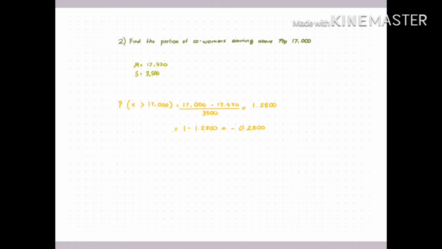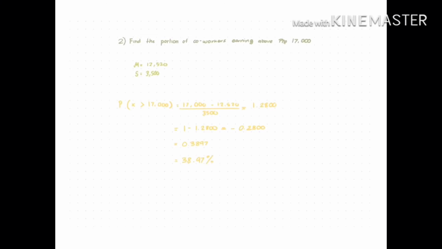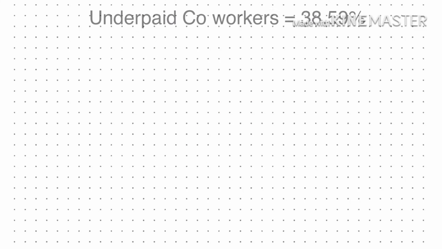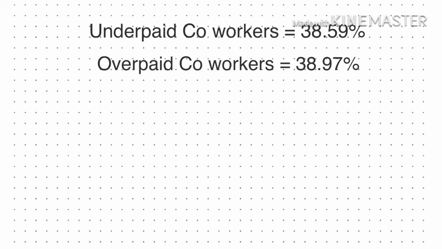Since the answer leans to the right side, we will subtract it by 1, which will equal to negative 0.2800. With that, we find the z-score, which is 0.3897, then multiply it by 10 to get the percent, which is 38.97%.